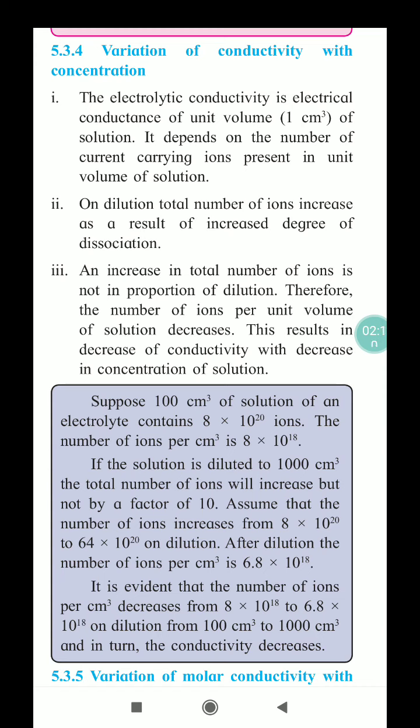So the increase in total number of ions is not in proportion to dilution. Therefore, the number of ions per unit volume of the solution decreases. This results in a decrease in conductivity with decrease in concentration of the solution. Means on dilution, conductivity decreases.